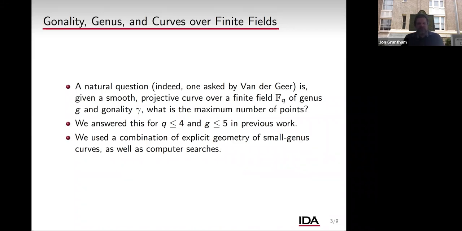Serre did a lot of bounding on this, and there will be papers. Everett Howe had one recently saying, okay, here's the field with 8 elements and genus 4, or maybe it was the field with 4 elements and genus 8, or something like that. And here's either a new example or a new bound.